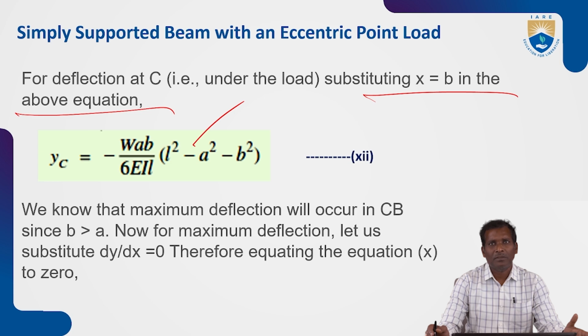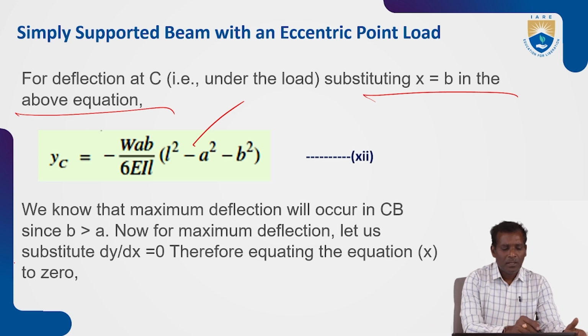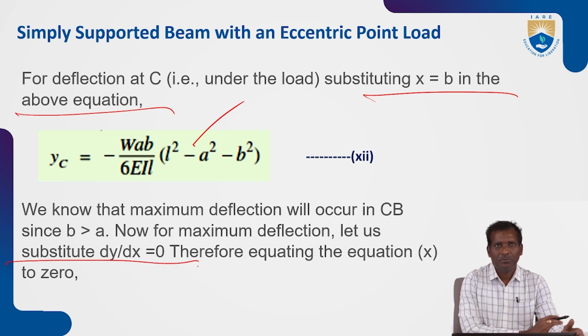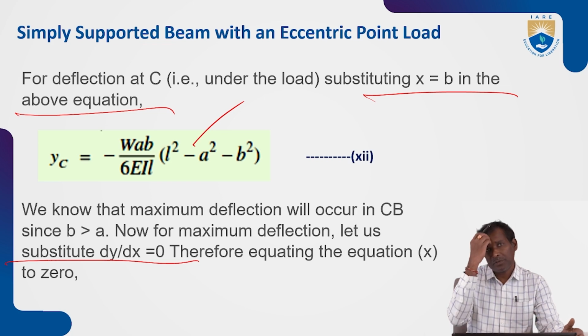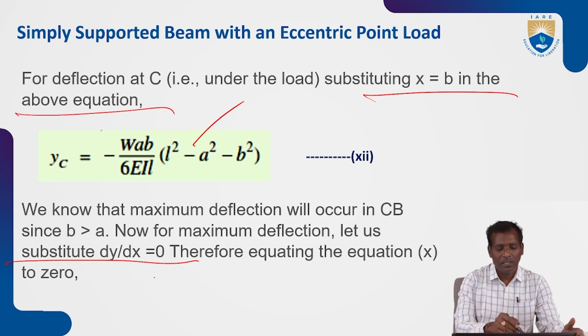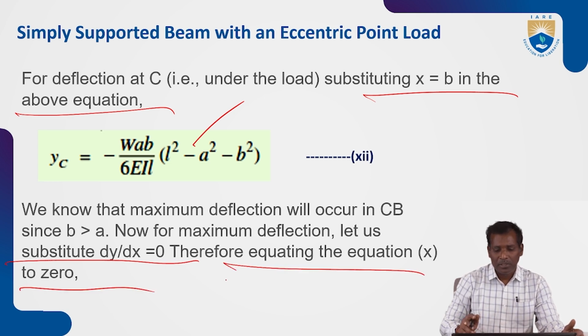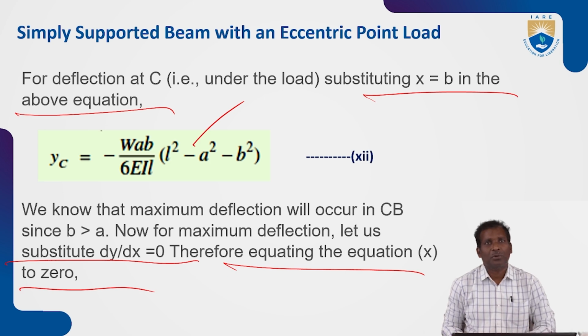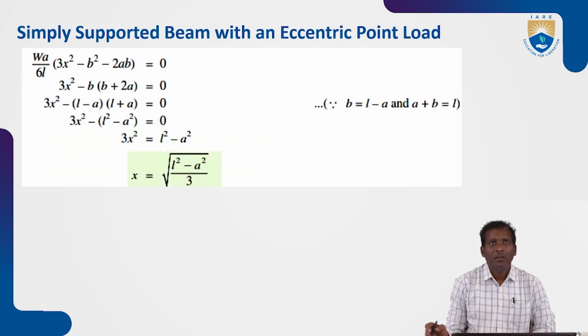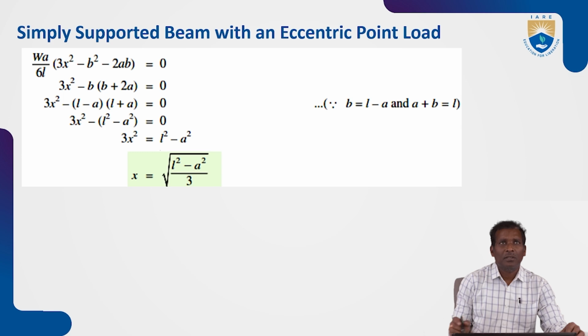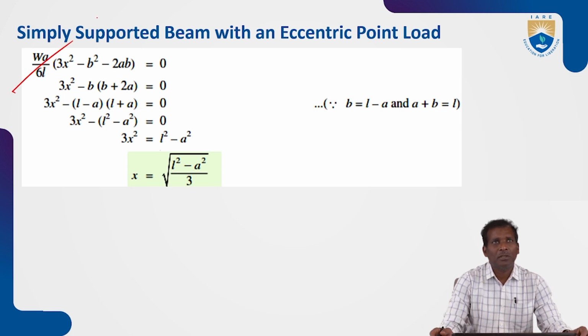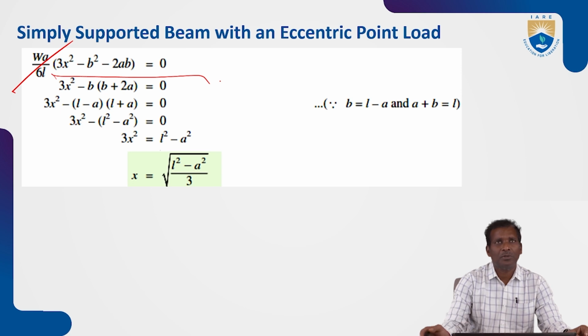Now for the maximum deflection, let us substitute dy by dx is equal to 0. For maximum slope, substitute x is equal to 0. For maximum deflection, dy by dx is equal to 0. Therefore, equating the 10th equation to 0, W A by 6L into 3x square minus B square minus 2AB is equal to 0.